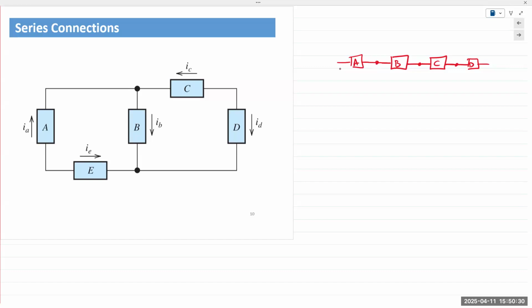And then we can call them to be in series at their outer terminals. So A and B are in series, B and C are in series, C and D are in series, and so on and so forth until that connection might be broken.